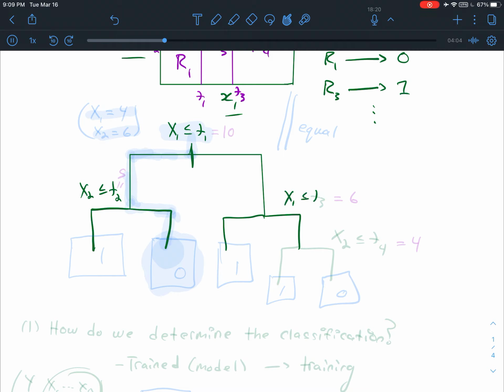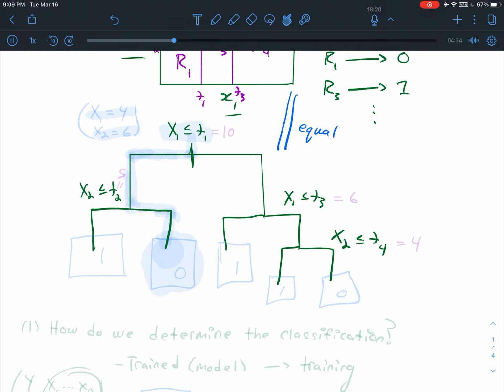And then this last decision here splits again, and this is going to be X2 less than or equal to T4. And this graph, I'm going to draw a line connecting both of these things, I'll do it in blue. These are equal. These are the exact same representation.